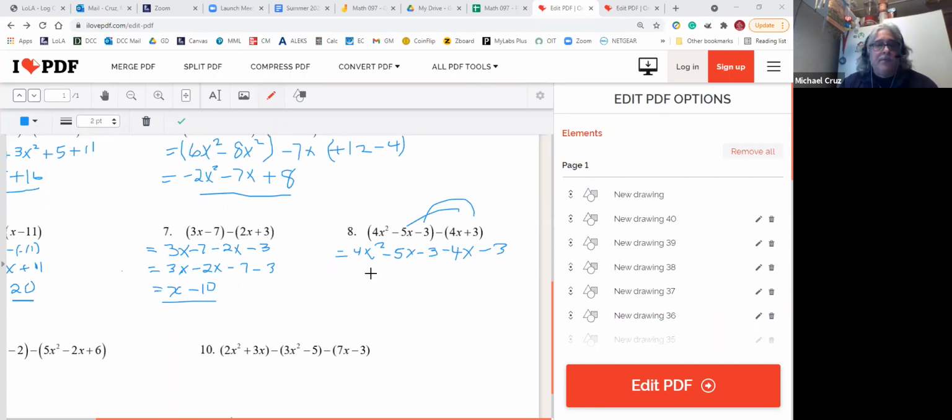So what happens with this one? See this one right here? That's the only one of its kind, so it does not have a like term. So it doesn't have one to add or subtract to it, so it's just going to stay the same.